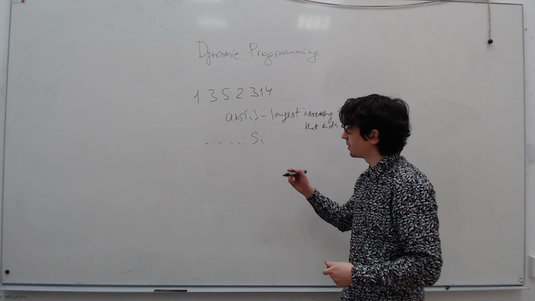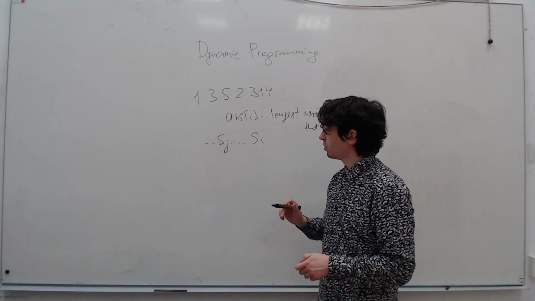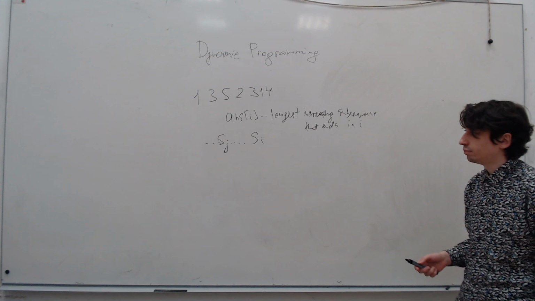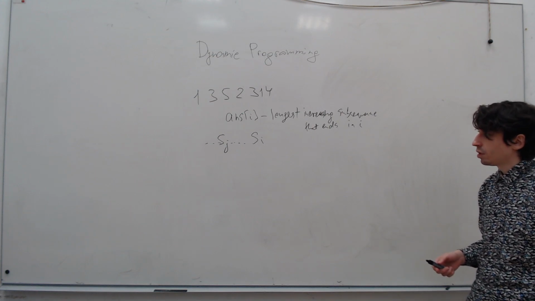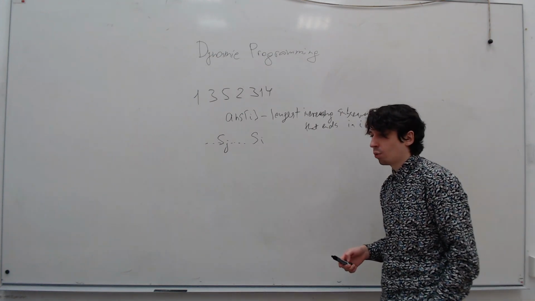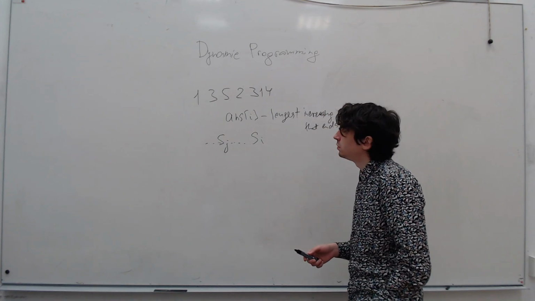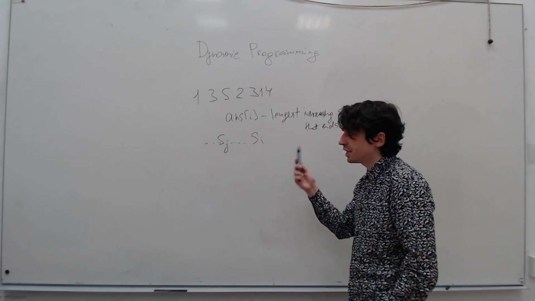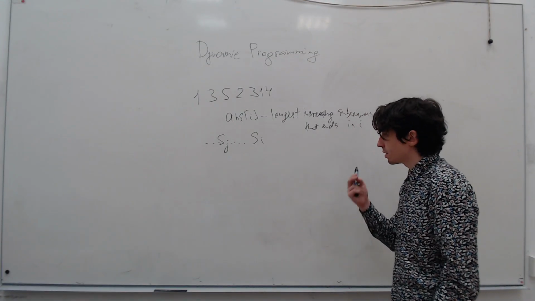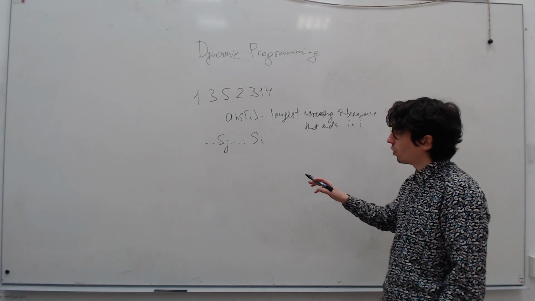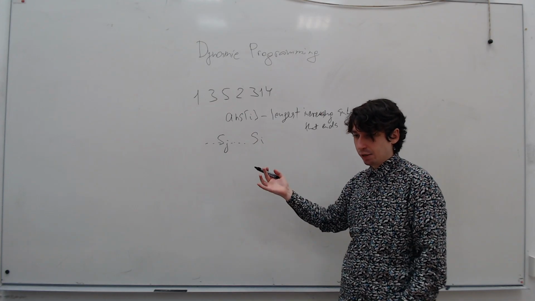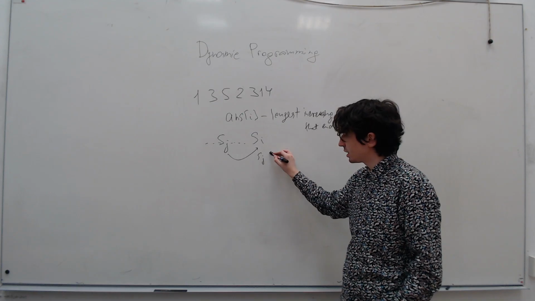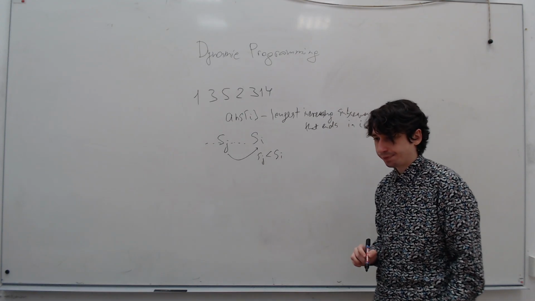Yeah, exactly. And it's better to find a minimum element before i. Why minimum? Okay, in this sense, minimum. So you could jump everywhere where Sj is less than Si.